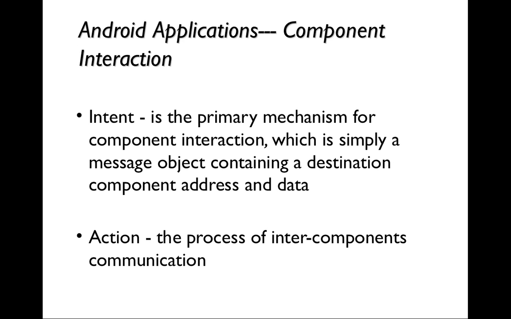We have the intent, and that's the primary mechanism for component interaction, which is simply a message object container, destination component address and data. Well, we know about the intents because we saw that in the first Hello World program we wrote. Intent started up an activity, put up a screen, and it was called the name getter. You put your name in there, and the intent took that data.